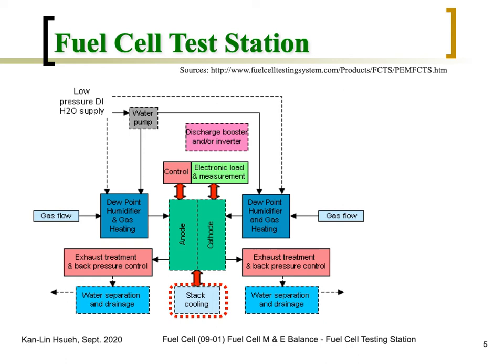So sometimes for a kilowatt fuel cell stack, you need cooling water running through the fuel cell to remove the excess heat. So temperature control, not only heating but also cooling, is very important.